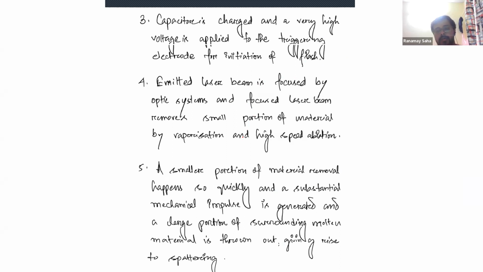Now this removal of the small material chunk from the surface of the workpiece is so fast and so quick that a substantial mechanical impulse is generated inside the work, and this leads to a large amount of surrounding molten material being thrown out, or spattered.